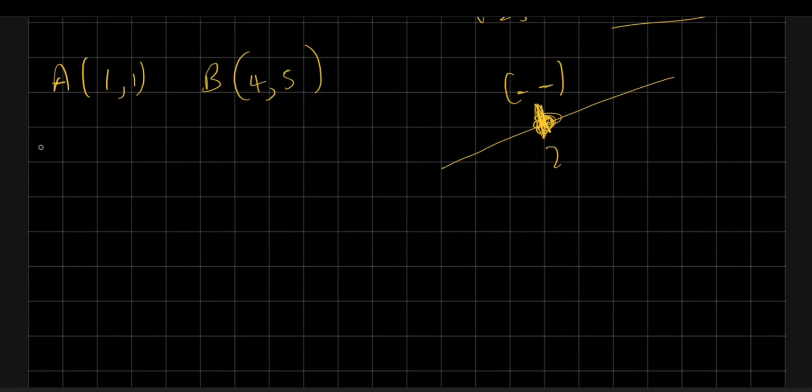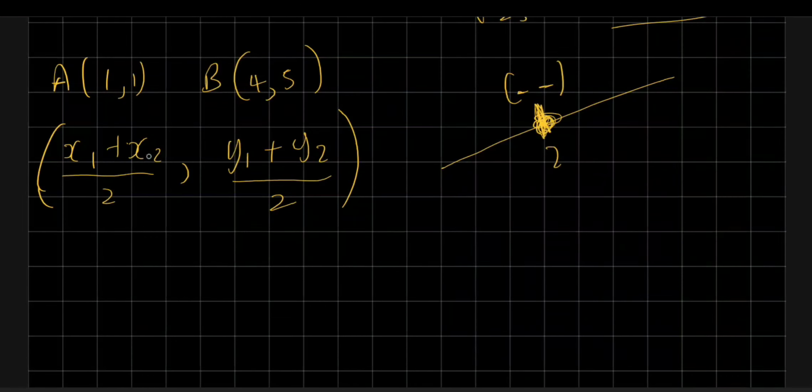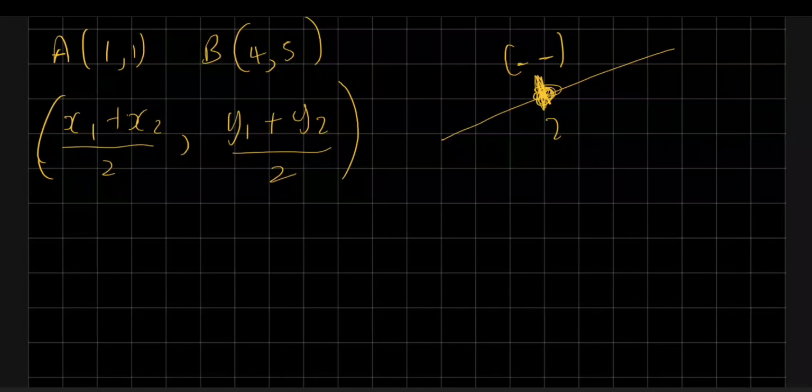So the formula is split into 2: x1 plus x2 divided by 2 will give you the midpoint of the x component, and the second part will be y1 plus y2 divided by 2. You can actually put x2 plus x1 and y2 plus y1. It's addition, so it doesn't matter which one you put first. Just ensure that you divide it by 2 to get the midpoint.